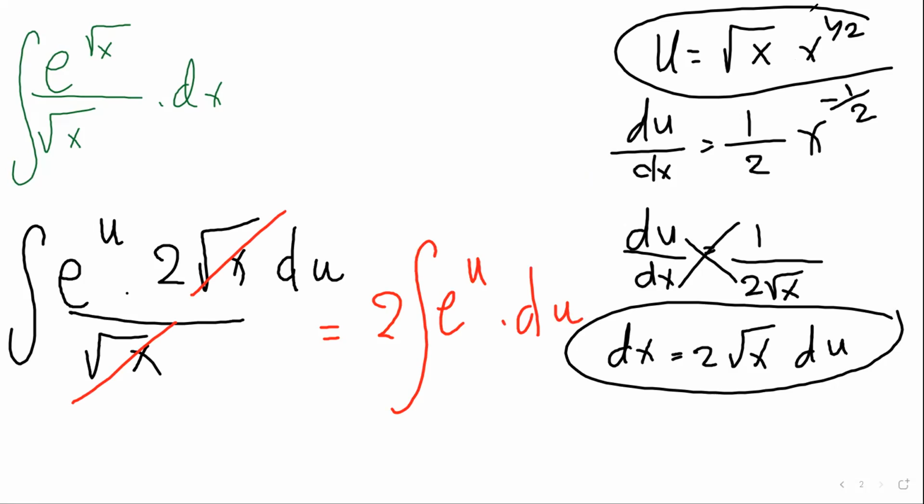What's the integration of e to the power u du? It is e to the power u plus c. Replace it now with u, which is square root of x. So it will be 2 e to the power square root of x plus c. Is it clear? Yes, teacher.